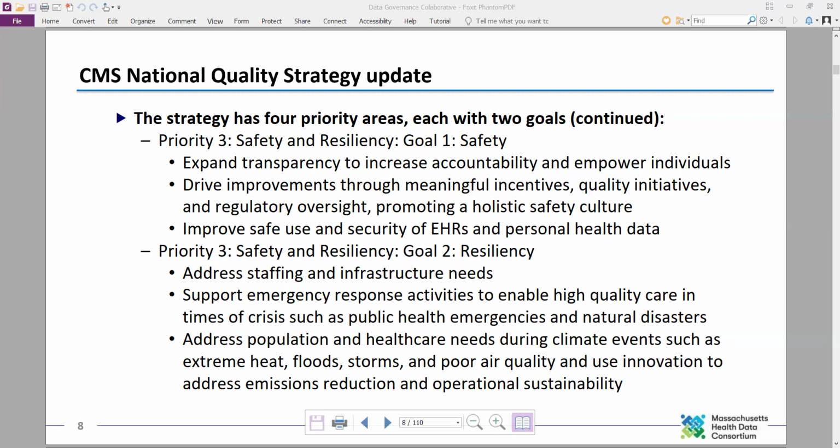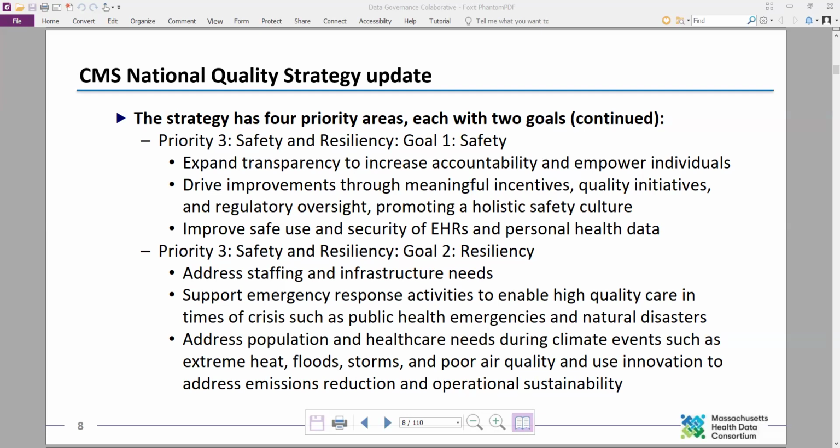And what I thought was interesting is that they separated out times of crisis, like public health emergencies and natural disasters, from climate events, some of which are natural disasters. And so they're specifically addressing climate events separately, and they include things like poor air quality.